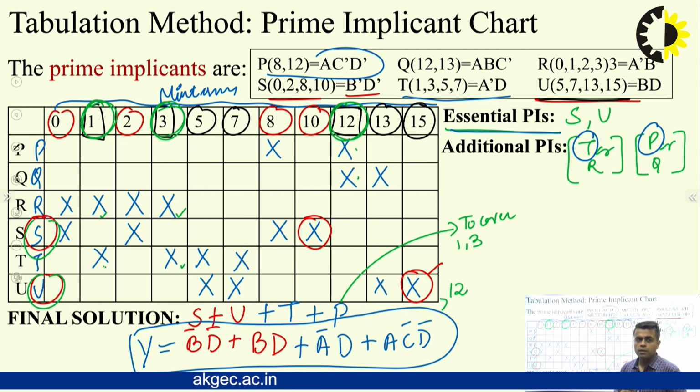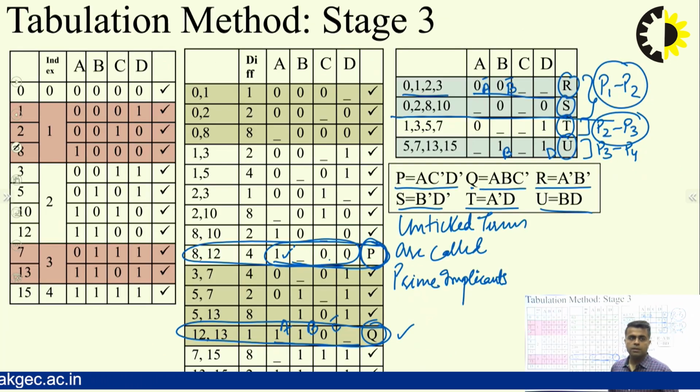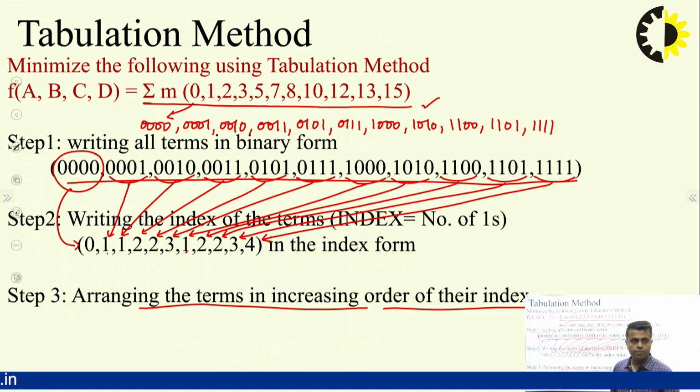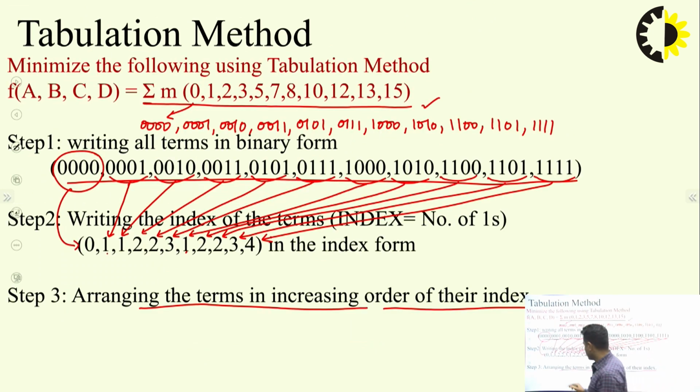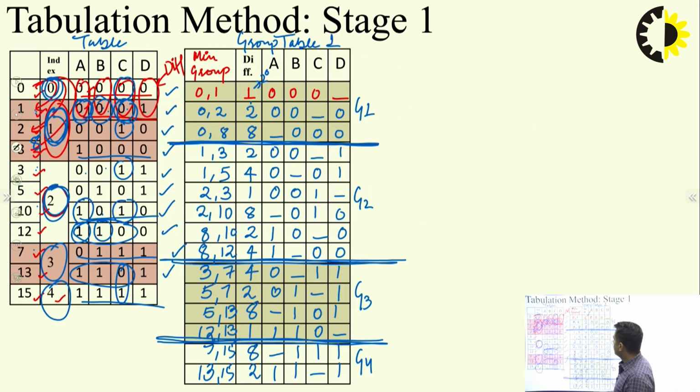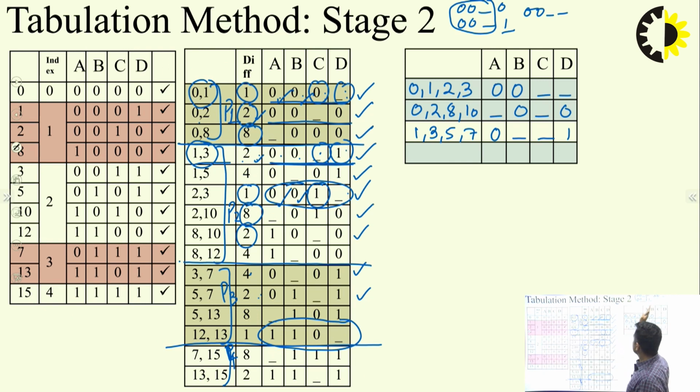And one more thing, there can be don't care terms as well. The only difference is this: let's say 12, 13 and 15 were don't care. If these three terms were don't care, then step 1 will be same, step 2 will be same, step 3 will be same, table 1, table 2, table 3 same.